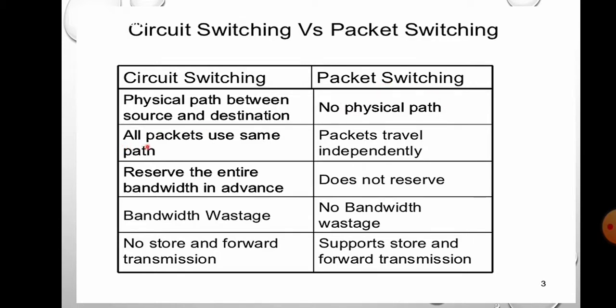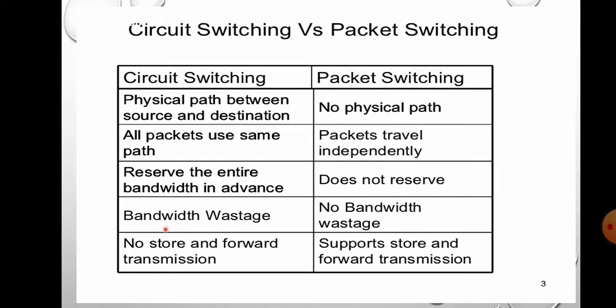Under circuit switch, all packets use the same path, but under packet switch, the packets travel independently through different paths. A circuit switch network reserves the entire bandwidth in advance, but a packet switch network does not require bandwidth reservation.